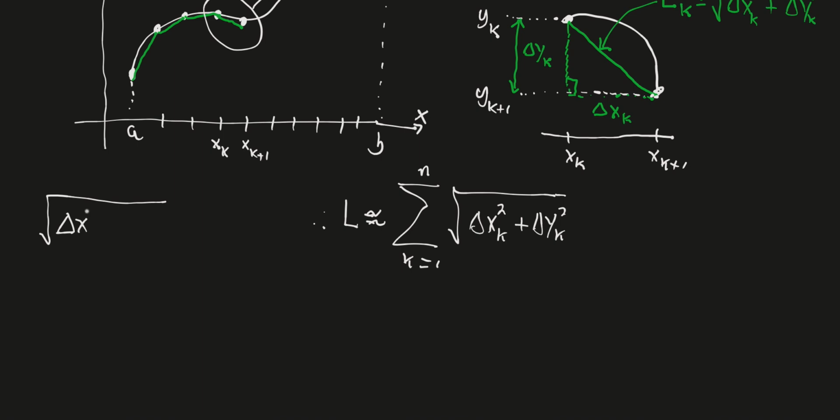I have the square root of delta x squared plus delta y squared. I can't take the square root of these terms separately because it's a sum, and that's a huge thing to keep in mind. You don't want to try to simplify this radical by taking the root of this term plus the root of this term. That is not a property for roots.